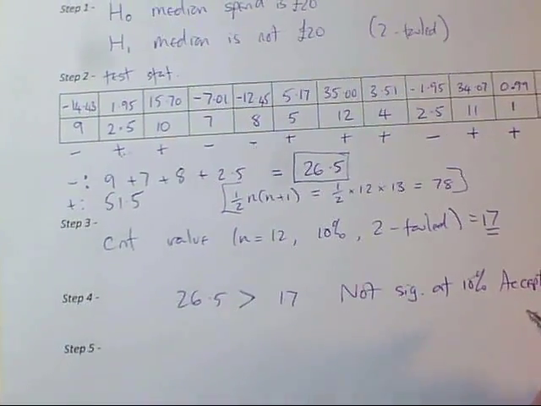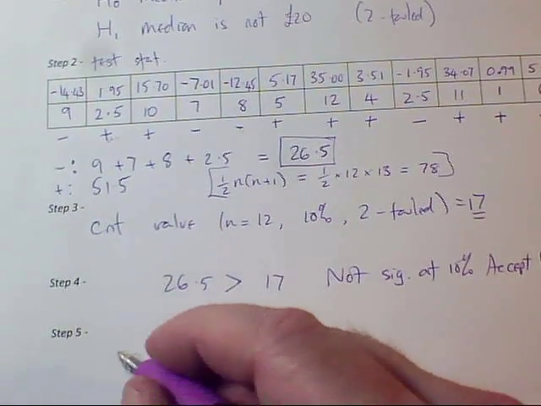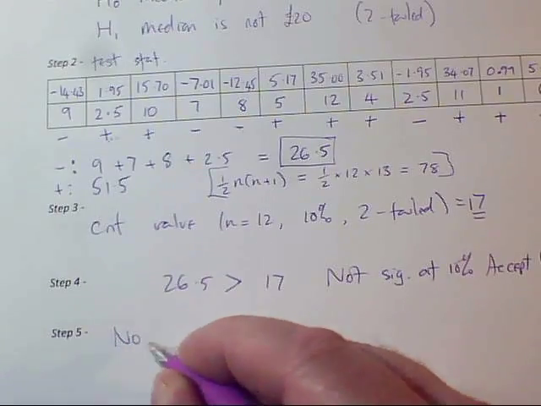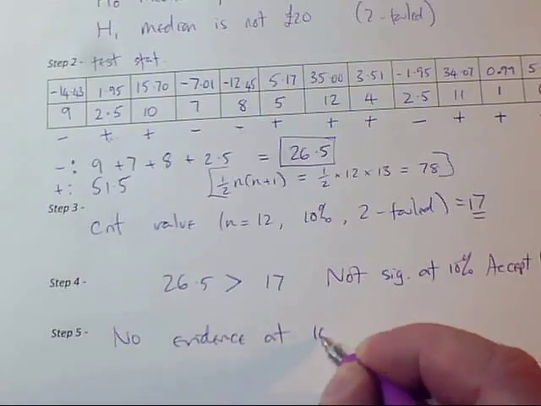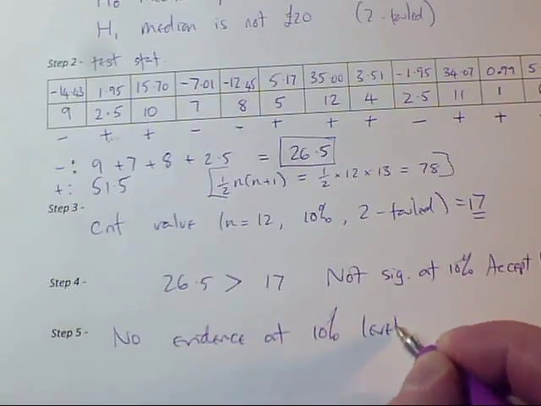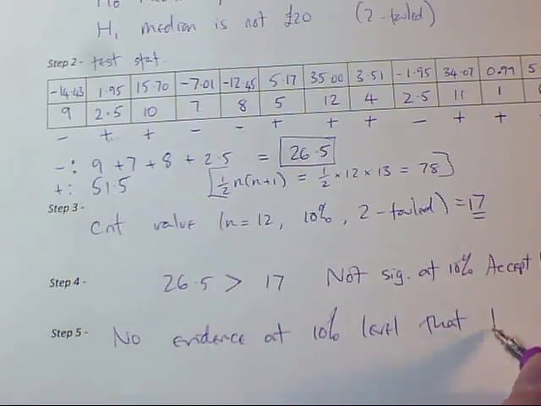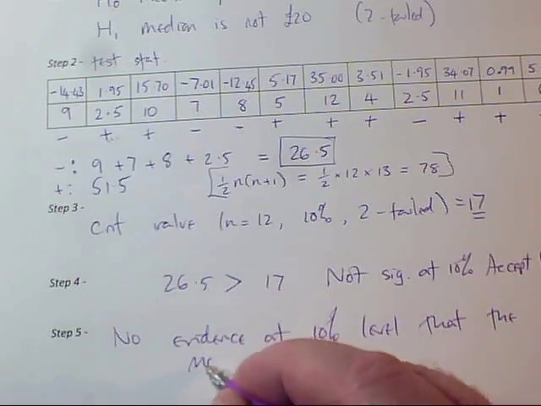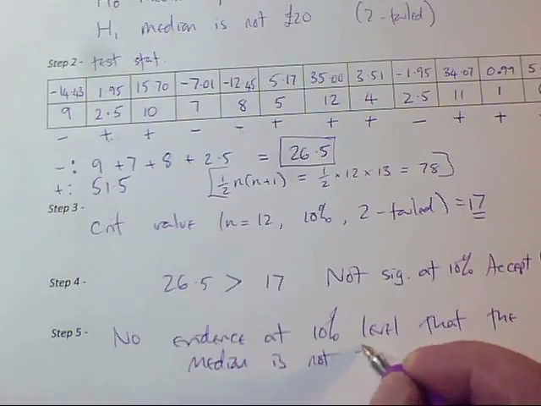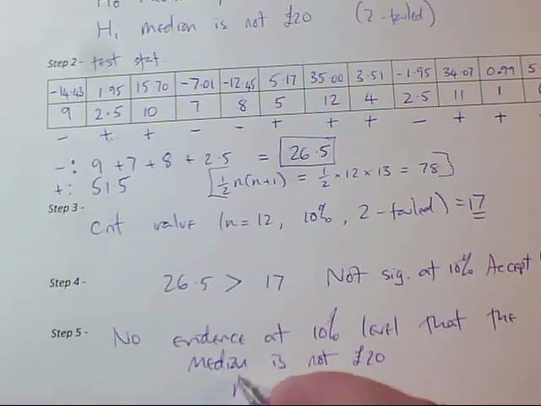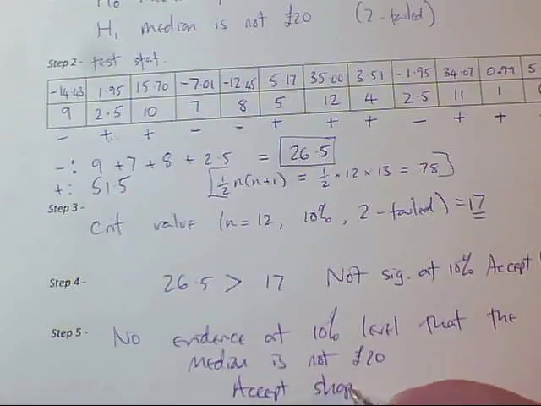And so my conclusion in context is going to be there is no evidence at the 10% level that the median is not £20. So therefore we're going to be accepting the shopkeeper's claim or belief. It's a belief, isn't it?